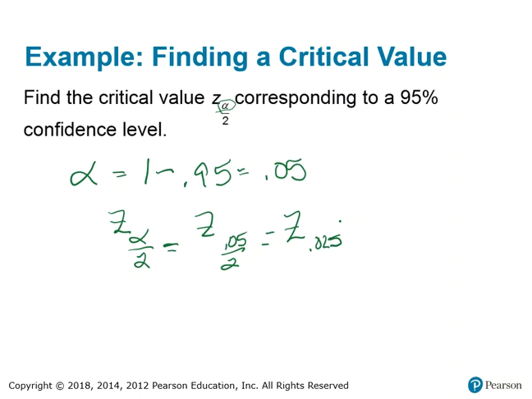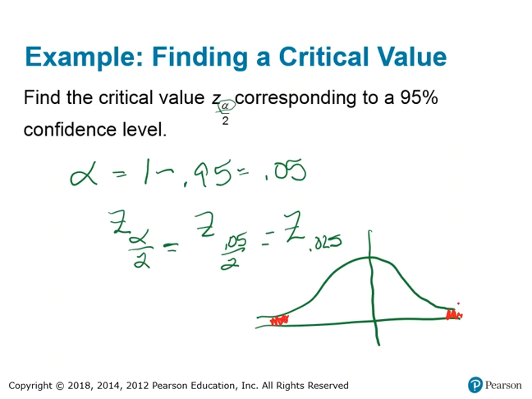Now what this does is it breaks it down by the tail. So I'm going to draw a visual of what I'm talking about. So that's in the middle. If I break this apart into tails, I have a piece here and I have a piece here. Imagine that they're symmetric.